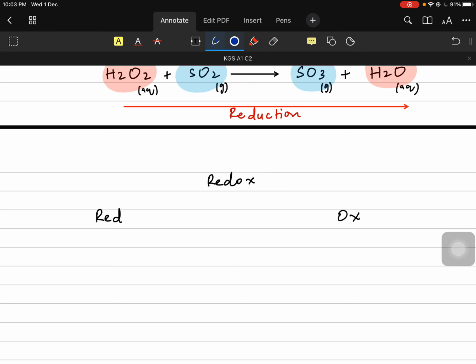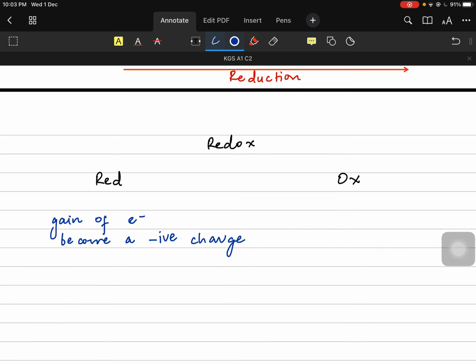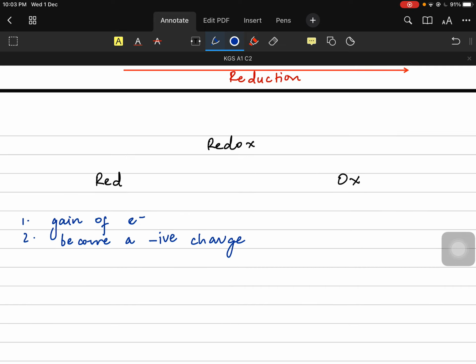Reduction means gain of electron to become a negative charge, or perhaps increase the negativity of the charge. It means to react with hydrogen gas and lose all the oxygen.